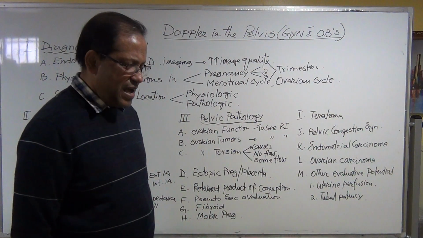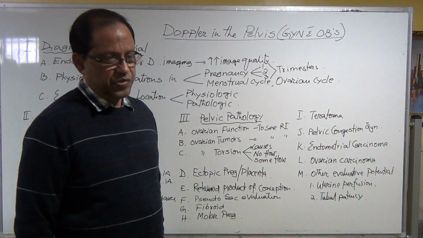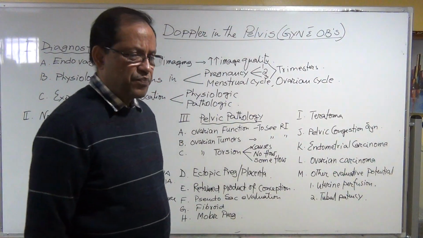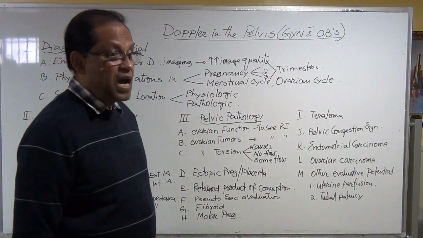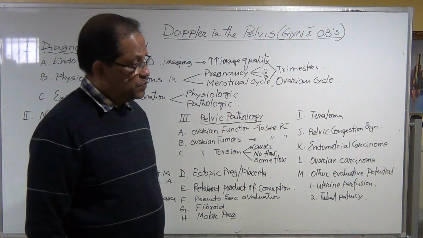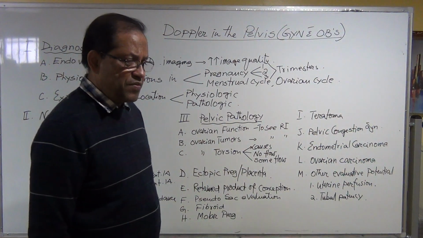Why? There might be a problem in the uterus. What type of problem? Maybe the uterus is not getting enough blood flow. Then how can we evaluate the uterine perfusion?